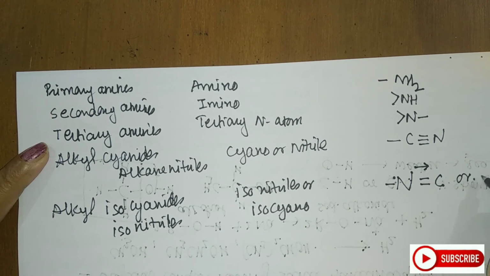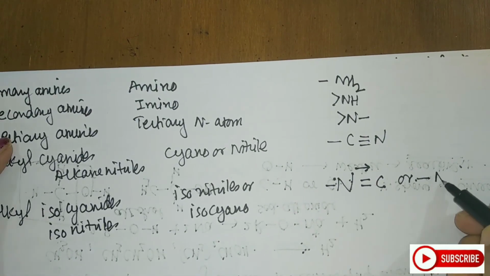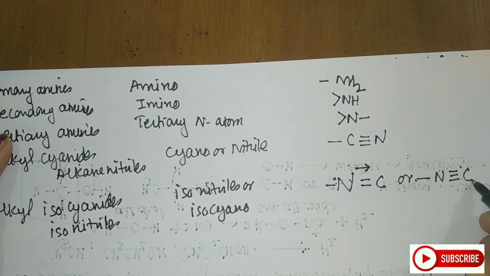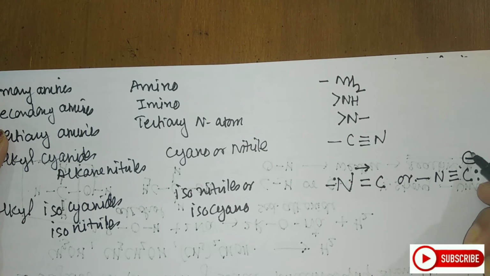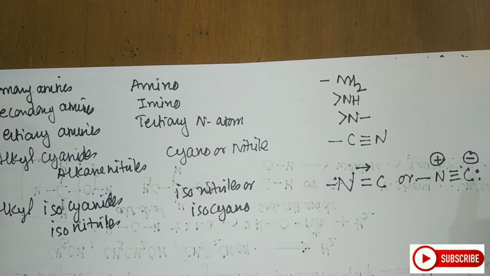So you can represent this in the other way also, and that is nitrogen triple bond carbon. Now here this is electron rich, so we will put a negative charge, and this is electron deficient with a positive sign. This is important because when a group attacks here or the reaction takes place, the positive and the negative ends have to be created in order to carry out the reaction.